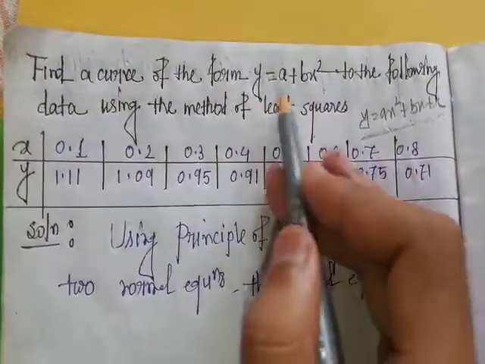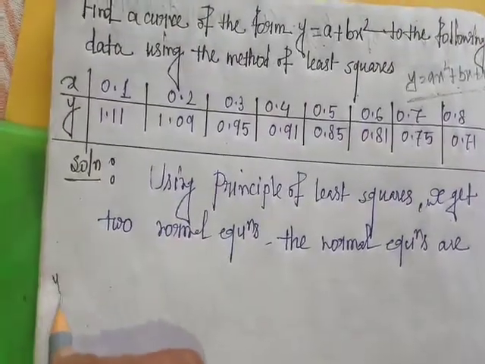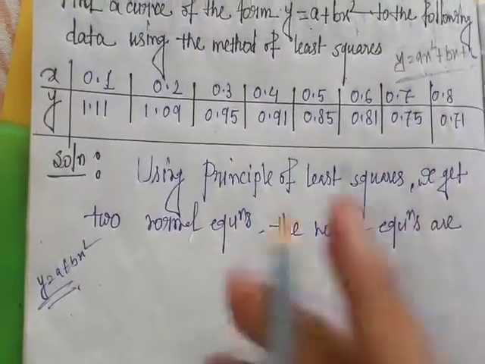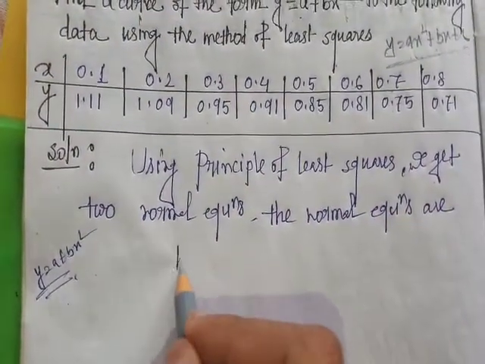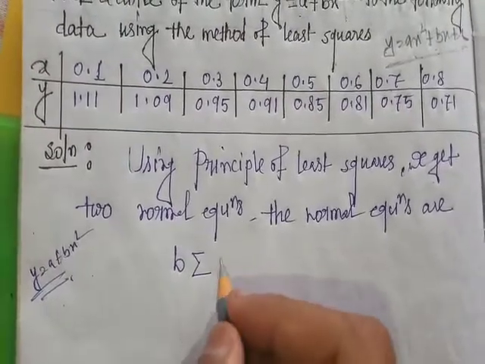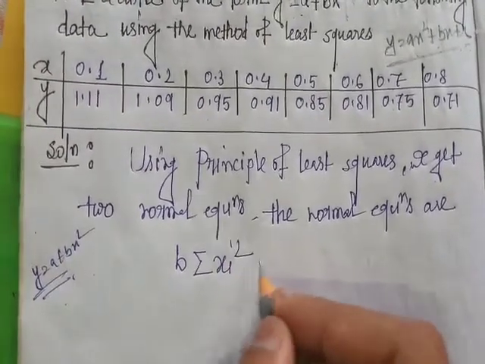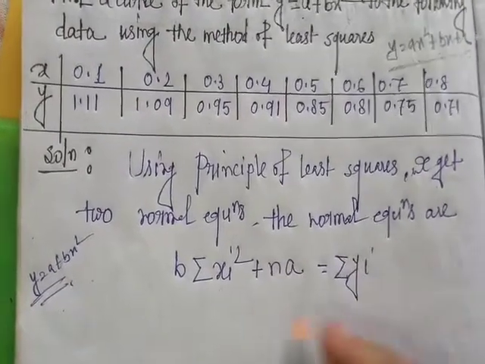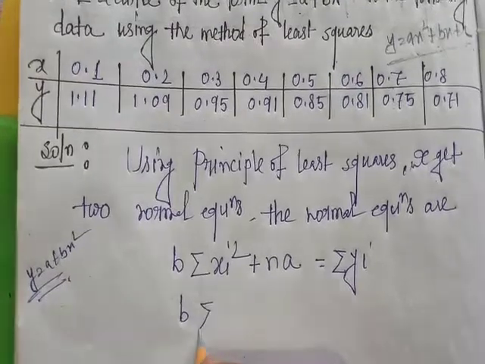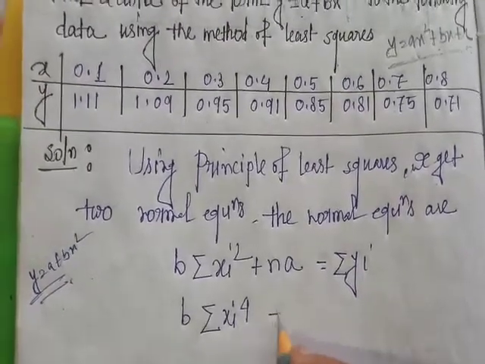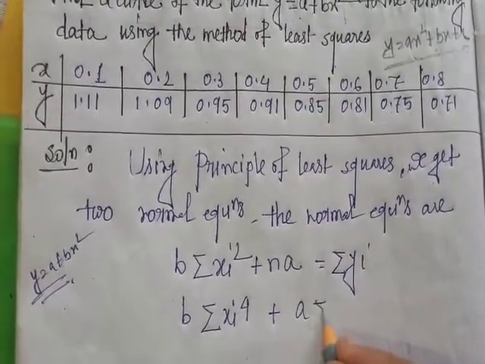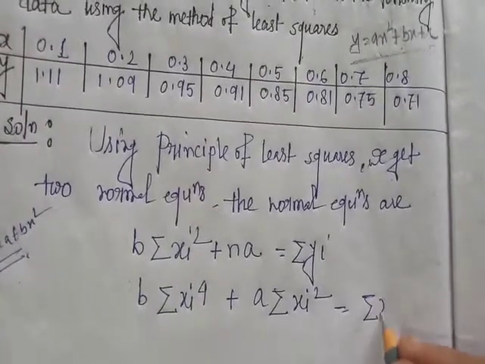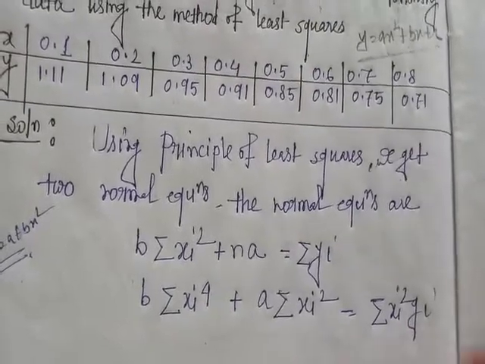Here the form is y equal to a plus bx square. So the normal equations are: b summation xi square plus n into a equal to summation yi, and b summation xi to the power 4 plus a into summation xi square equal to summation xi square yi.